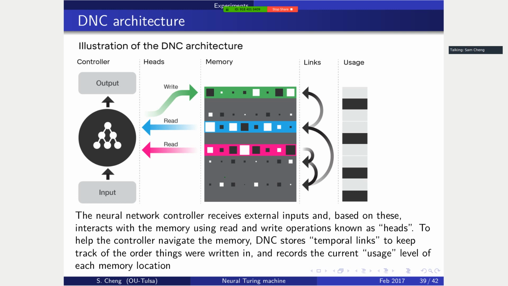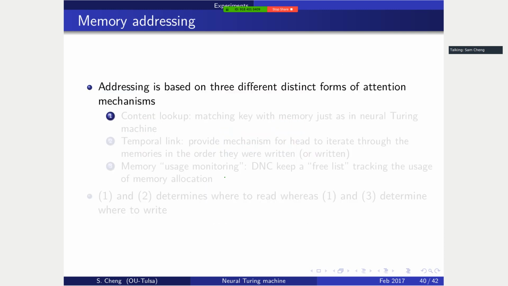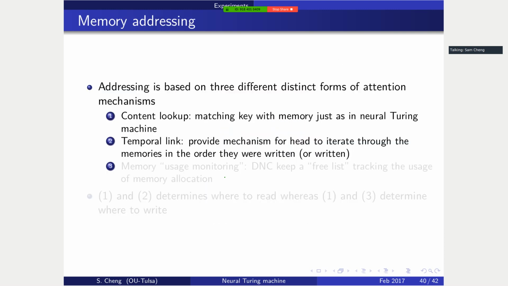But you can imagine that in many actual problems, we will need some kind of temporal mechanism. For example, you may write in a certain order, then you may need to read out in the same order as well. Also, the original model doesn't have any mechanism to see whether you are writing to memory that is already used.